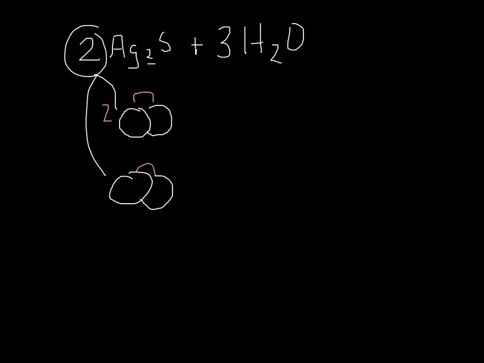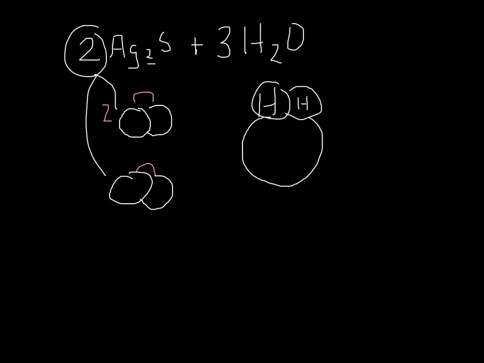Now let's take a look at a subscript. We'll use H2O for this because we're all familiar with water. This subscript simply tells us that there are 2 hydrogen atoms in the molecule. So we've got 2 hydrogen atoms and 1 oxygen atom, and that's a molecule of water.